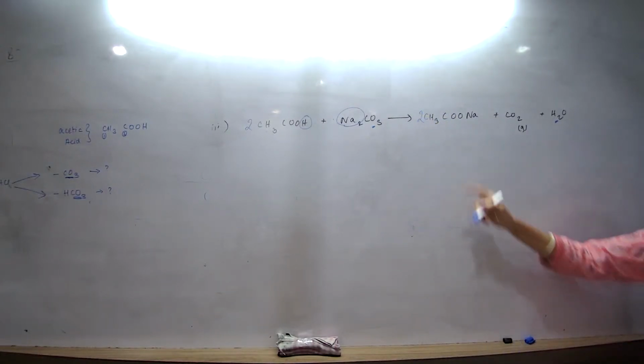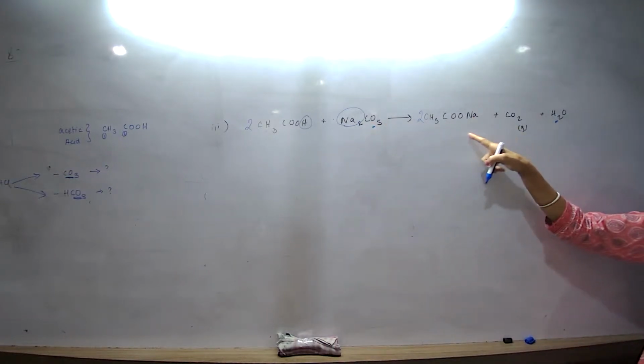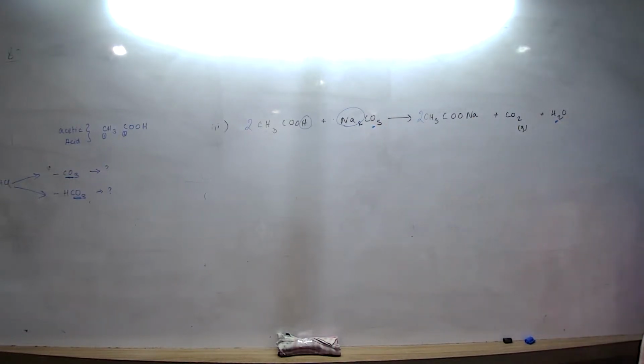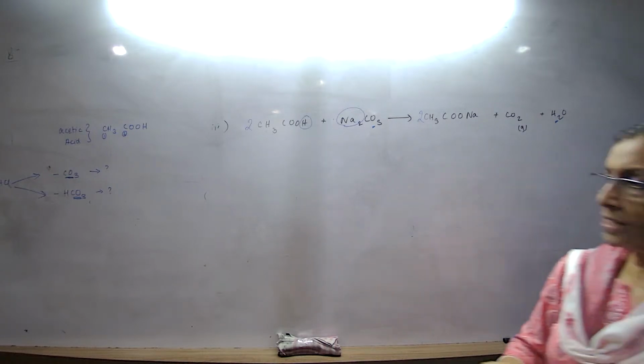So obviously there are two Na. So you will get two such molecules. So one sodium is going to be here. Balance it now, everyone. What is important for us to remember is carbon dioxide in the form of gas, which is effervescence, and of course water. Take down the next one.